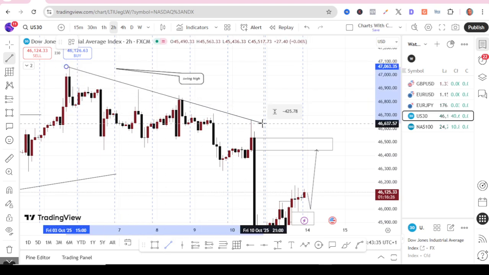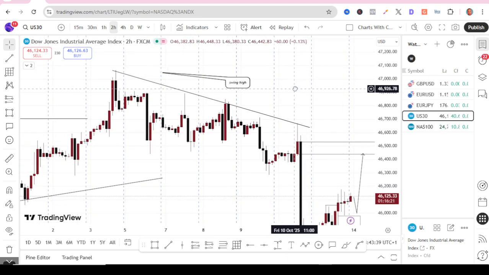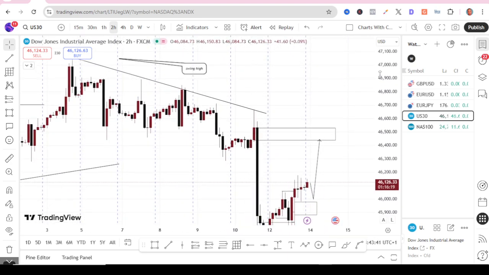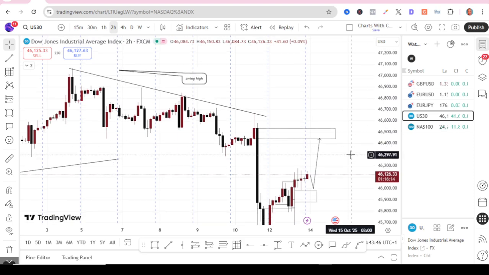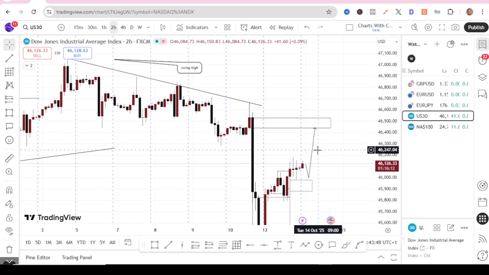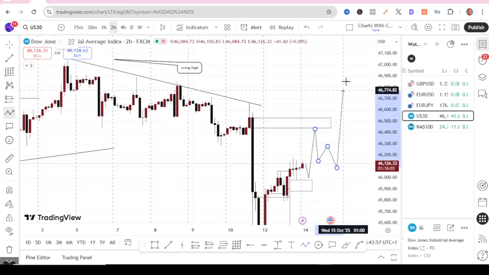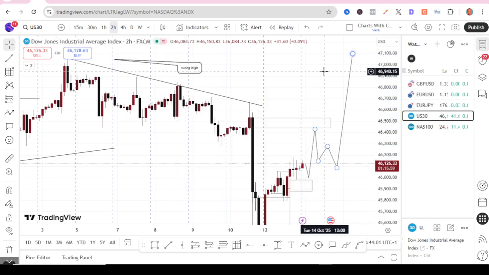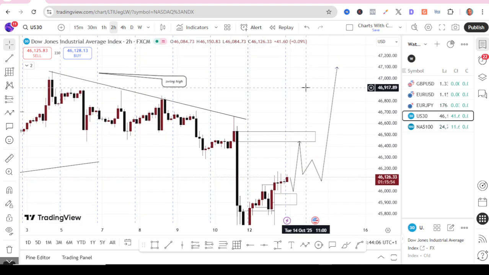Our targets, this clean trend line liquidity for price to take out on US30. So I'll be expecting price to react from this first, then price will probably react from that, come here, give us an entry. Then we'll continue the buy to take out this trend line liquidity. So I'll be expecting this on US30 for this week.